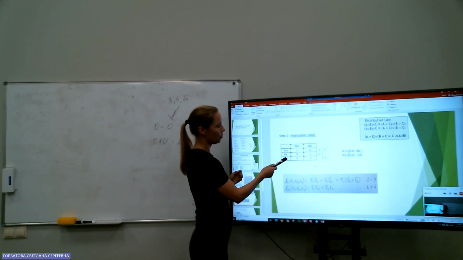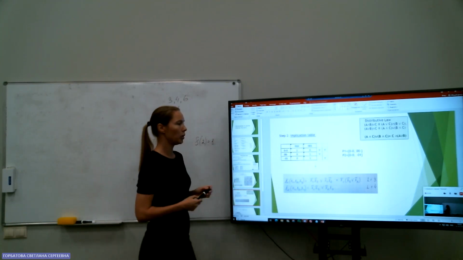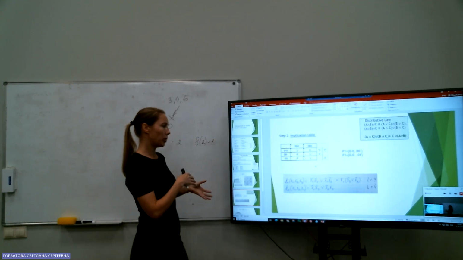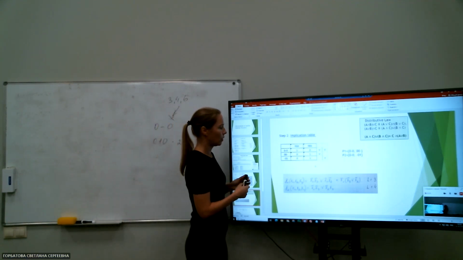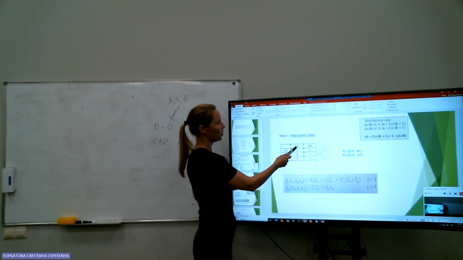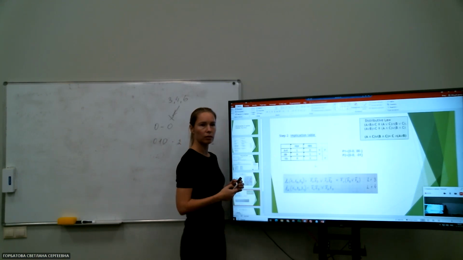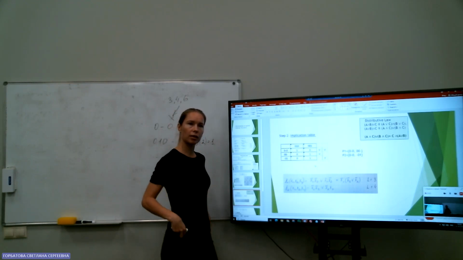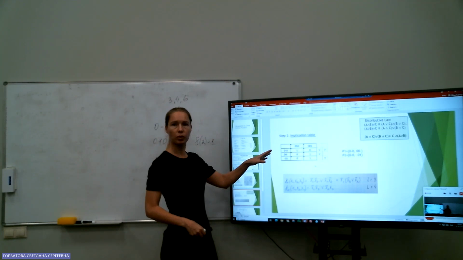And here are our intervals which we got in the previous step. And digit 1 if the point is in this interval. Do you remember from the previous class? Implication table, absolutely the same step.